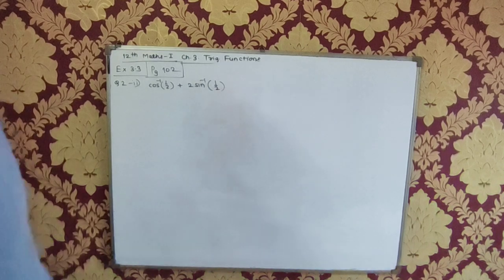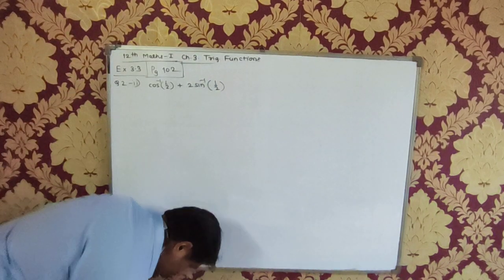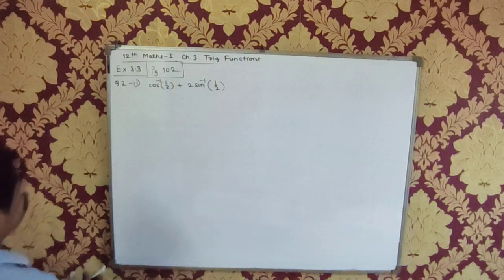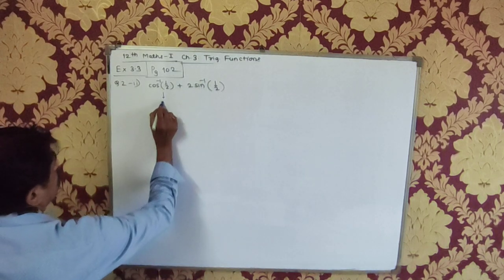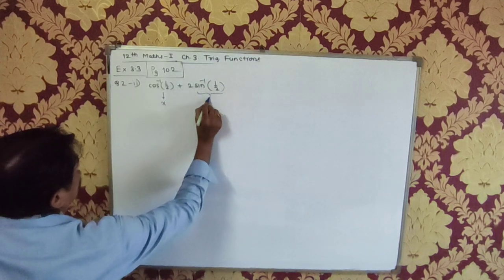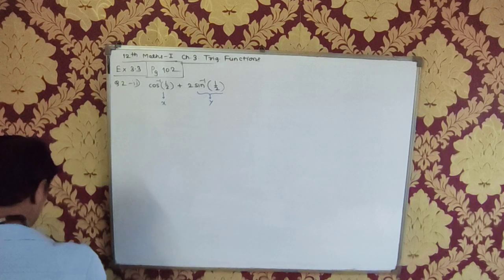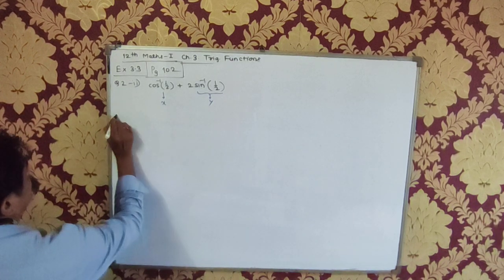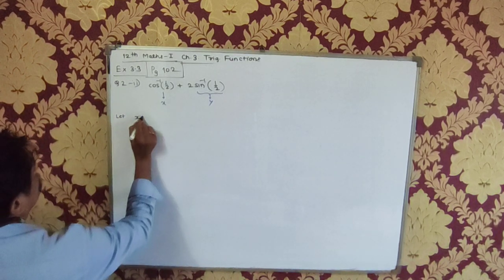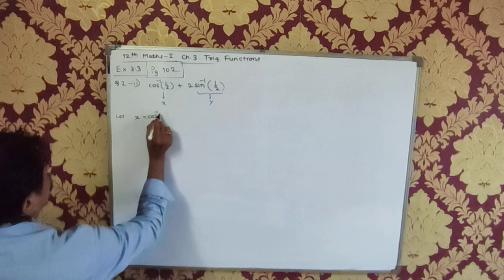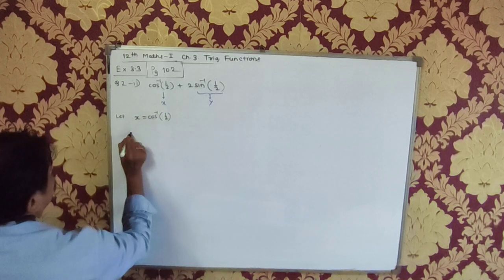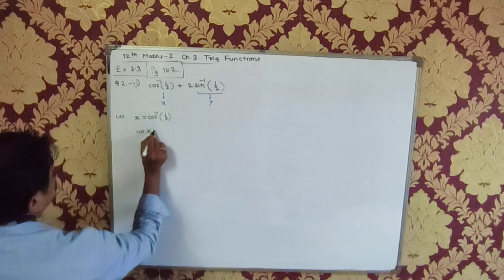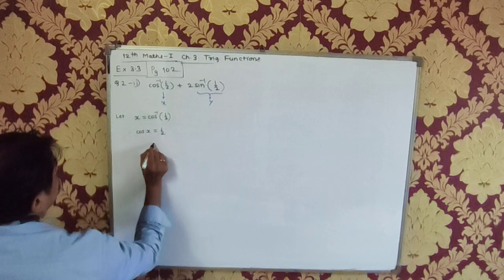Question number 2, subpart 2. I will call this first thing as x, and this is y. So let x is equal to cos inverse of half. Therefore cos x is equal to half.